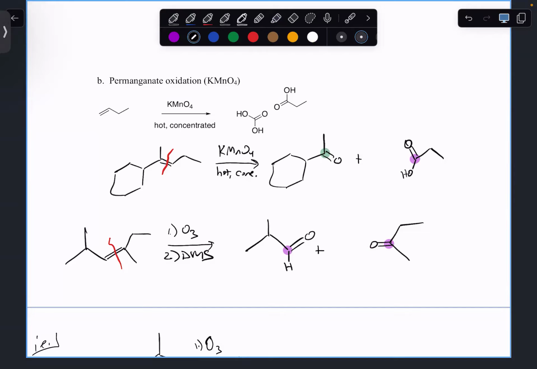And you can check yourself with these reactions too. Remember, all we're doing is breaking the molecule apart. So if I have 8 carbons in the reactant, I better end up with a total of 8 carbons in the product.